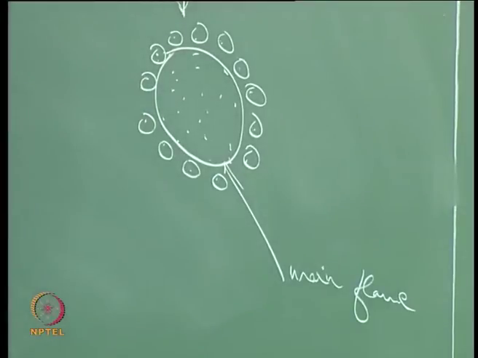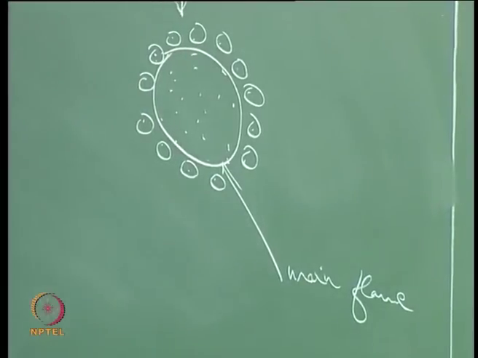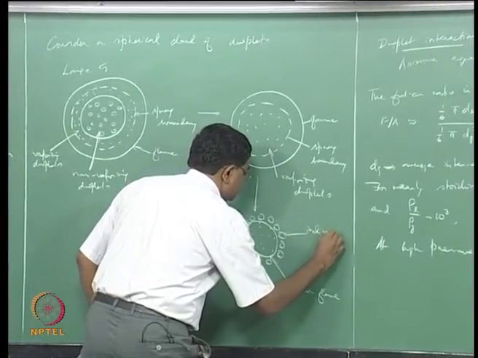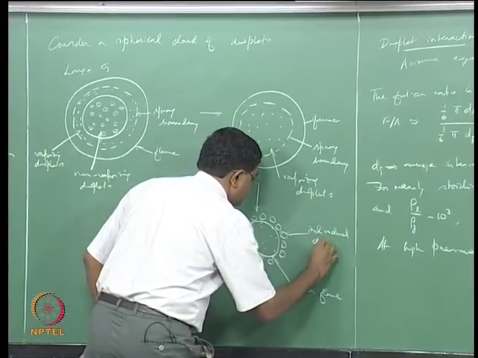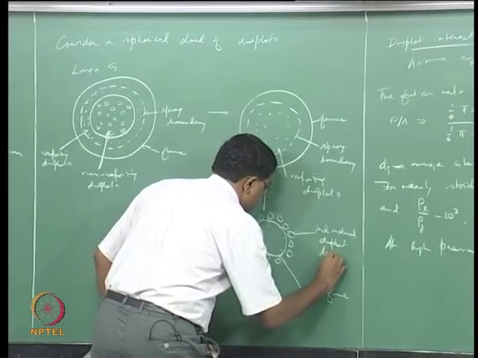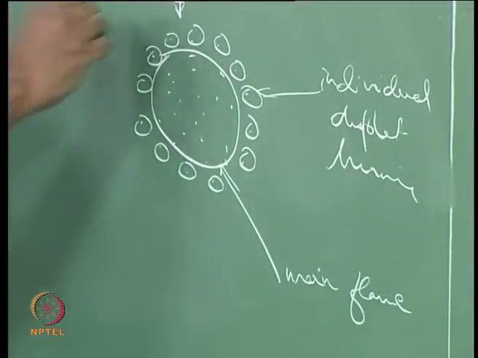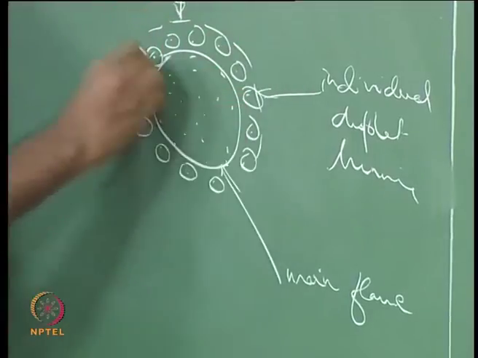So those are individual droplet burning, right. And this is what constitutes your spray boundary.